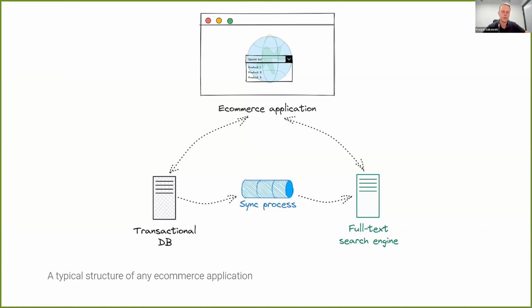And probably if you work in a huge e-commerce business, there might be even a huge team of people working solely on search. There is also a sync process required to keep things in sync. So whenever you are running out of some specific items, those shouldn't be included in the search results as well. So there has to be a sync process that will be taking care of that.